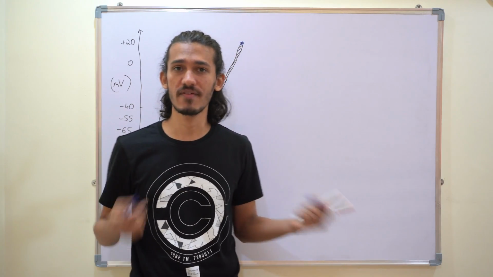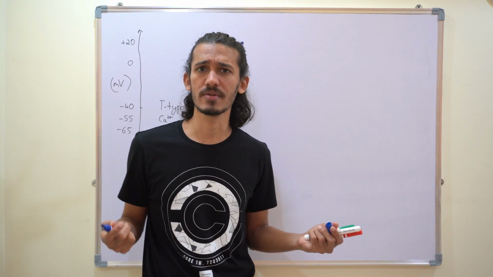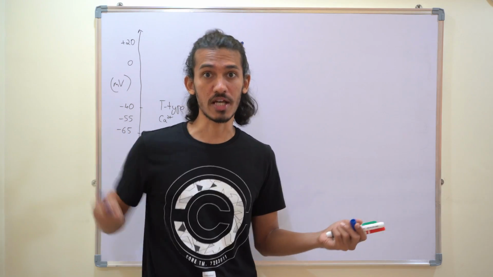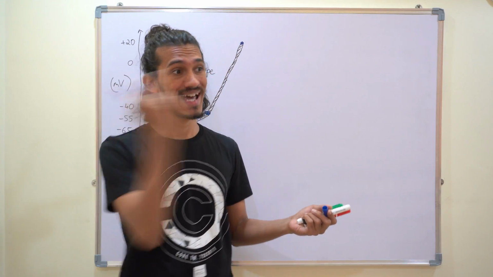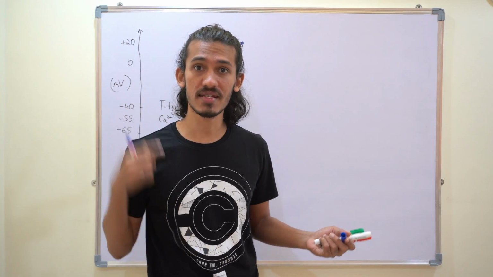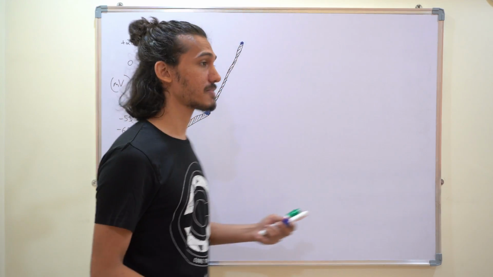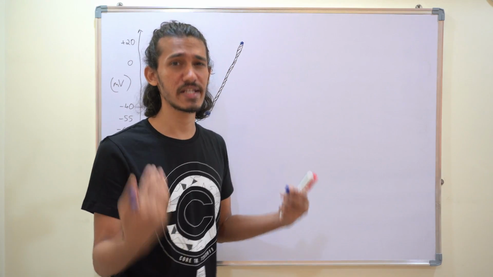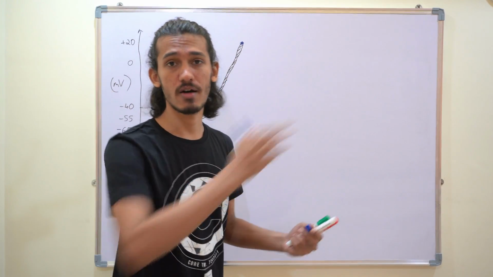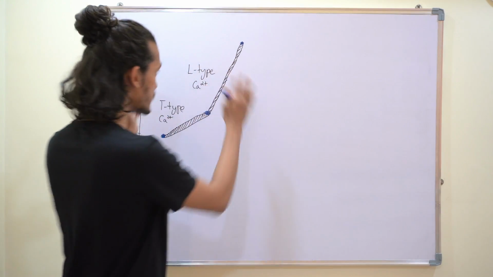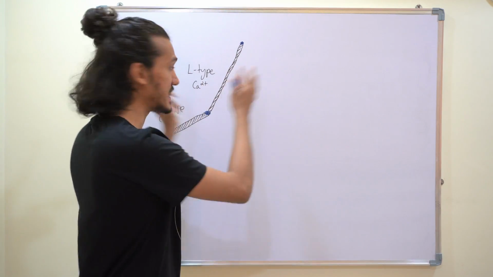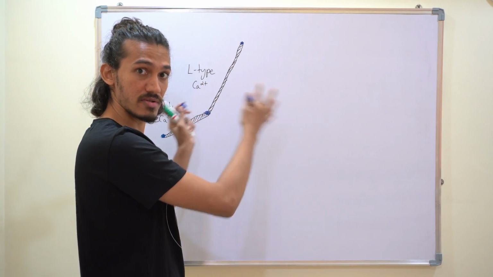So obviously when you open up a potassium channel, what is going to happen? Based on the gradient, potassium from inside is going to go outside. So a potassium efflux takes place, right? When a positively charged ion goes outside of a cell, what happens to the inner ion gradient?